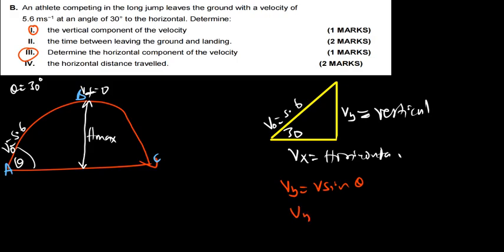So Vy will be equal to, the velocity is 5.6 sine 30 degrees. So my vertical component, I'm expecting it to be 5.6 sine 30, 2.8 meters per second.